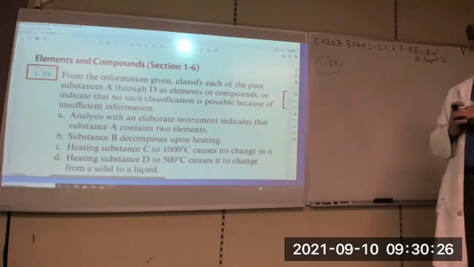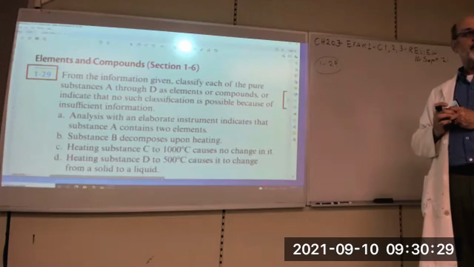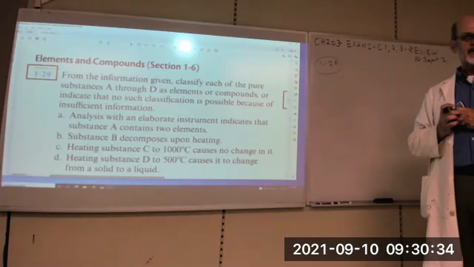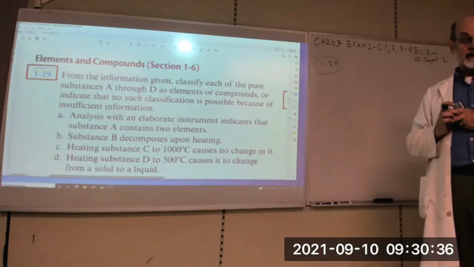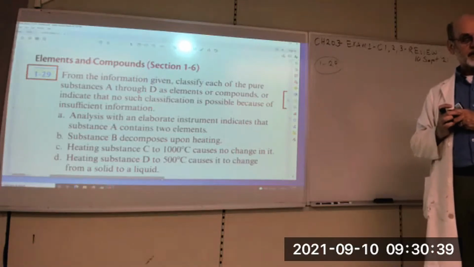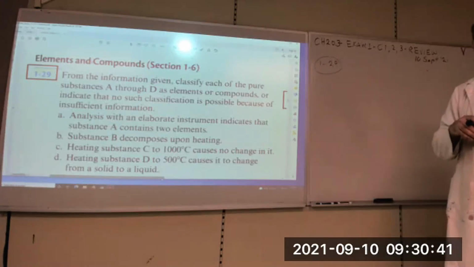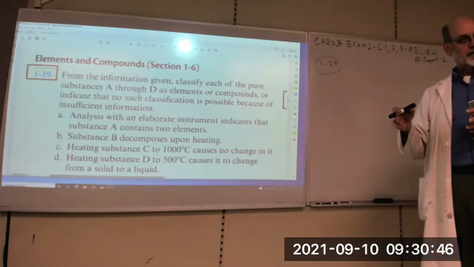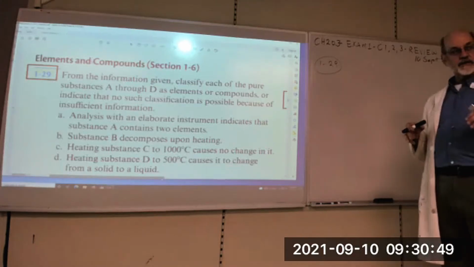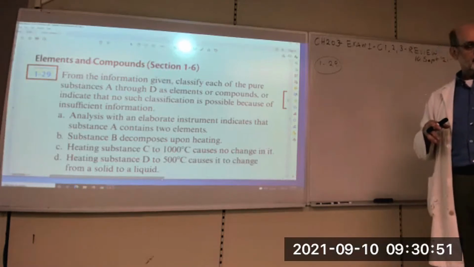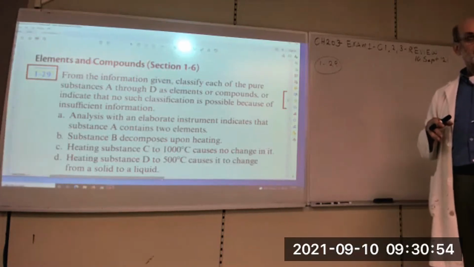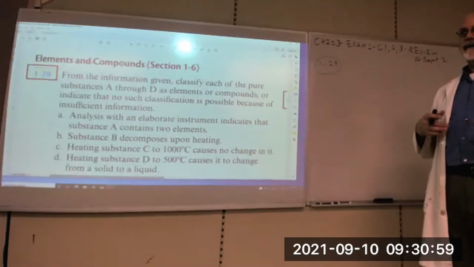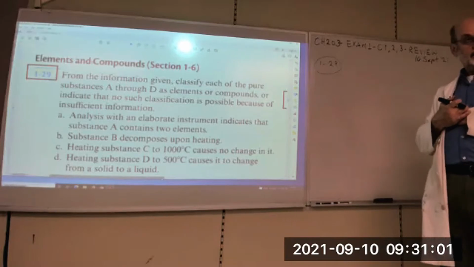A pure substance cannot be separated further by physical means. I think that's a better definition. Now, chemical means, yeah, you can bust up your compound into elements and other compounds by chemical means, but it's a pure substance as far as physical changes are concerned. Like water, right?